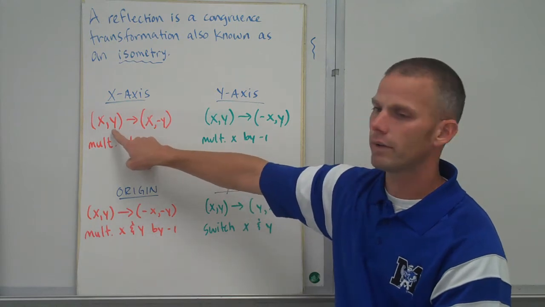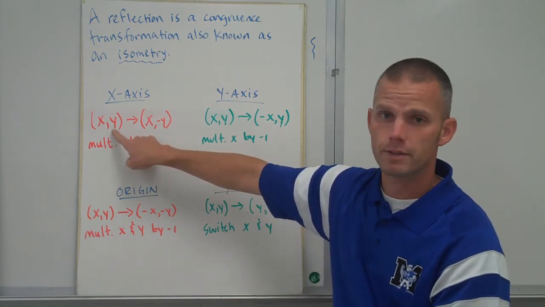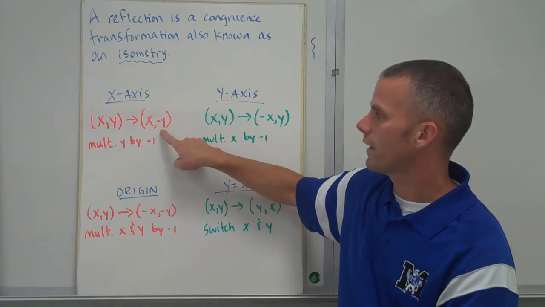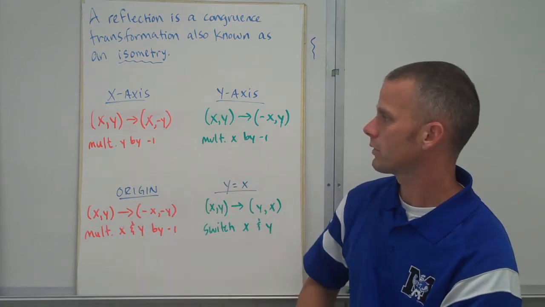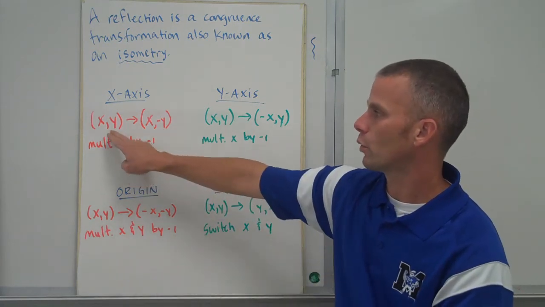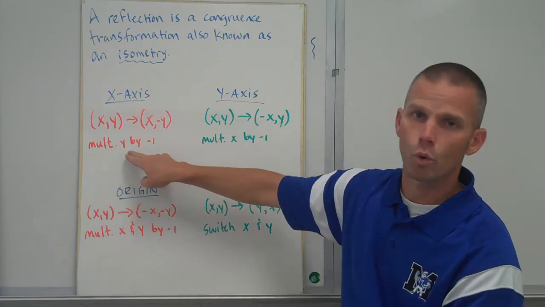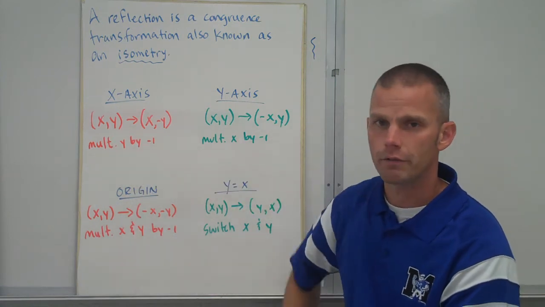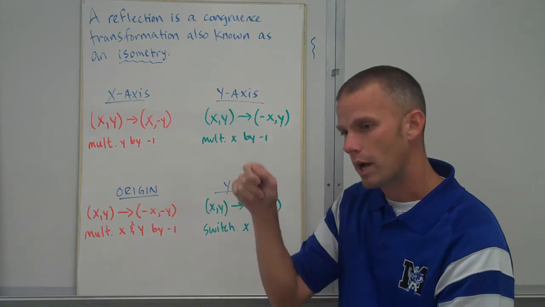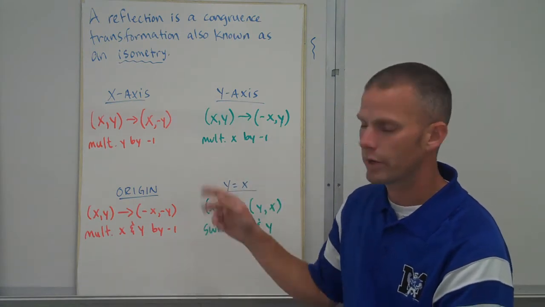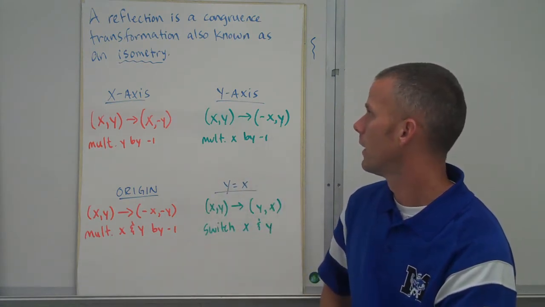The y-coordinate of every point on that figure, or in that segment, the y value changes sign. So basically, if you take every ordered pair and you multiply the y-coordinate by -1, you now have all your new ordered pairs to plot and create your image. And we'll show you how that works here in a minute.